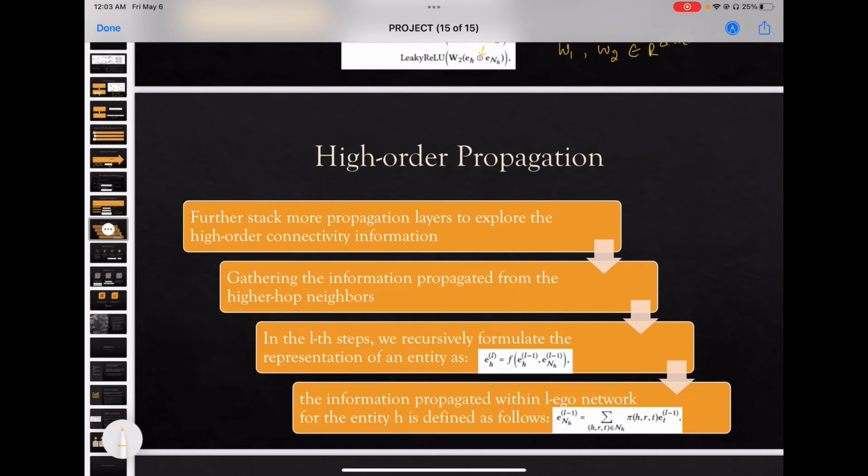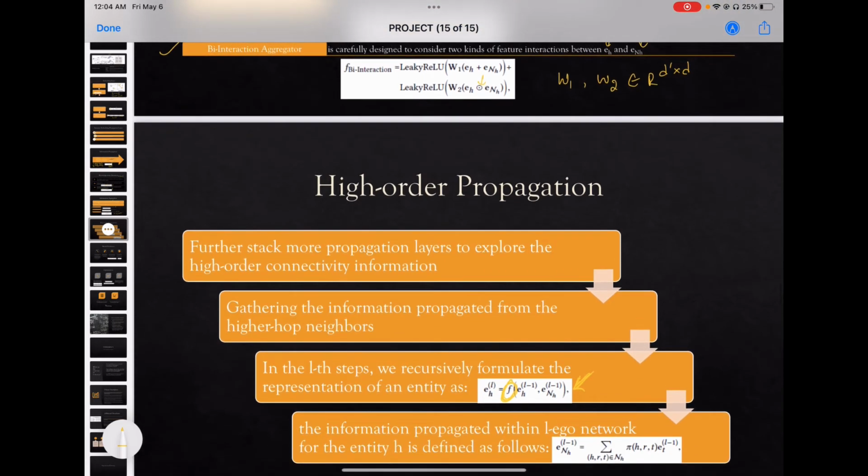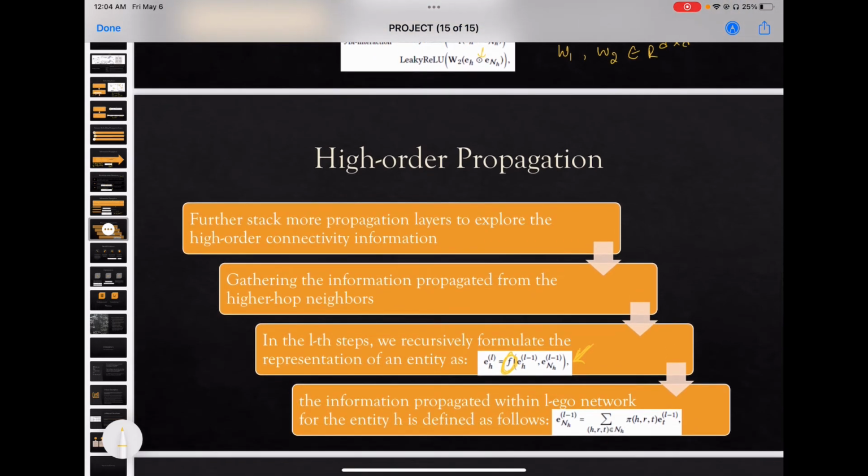Now, the gathering of this information is propagated by a high hop between neighbors. More formally, the l-th step is recursively formulated using an entity by this expression given here, where the same function that we used above in a bi-interaction aggregator is used here to represent the propagation factor of an entity.